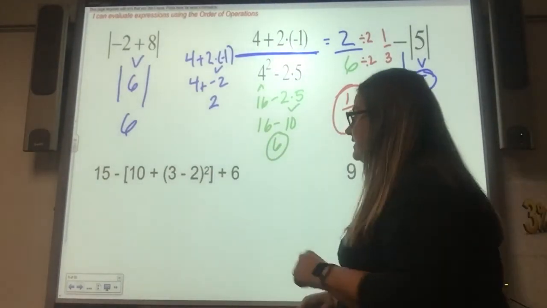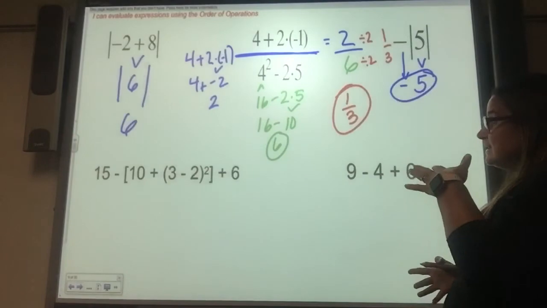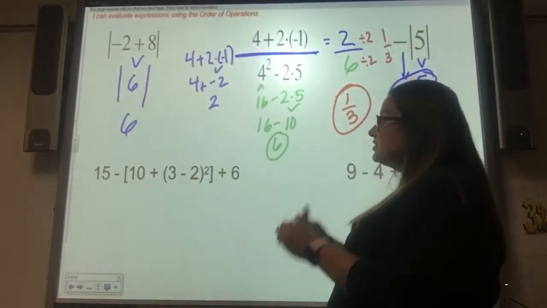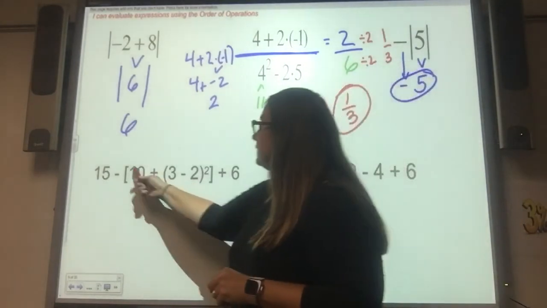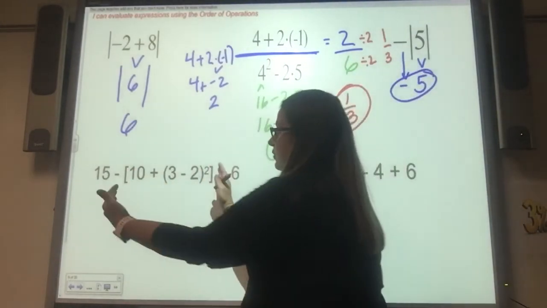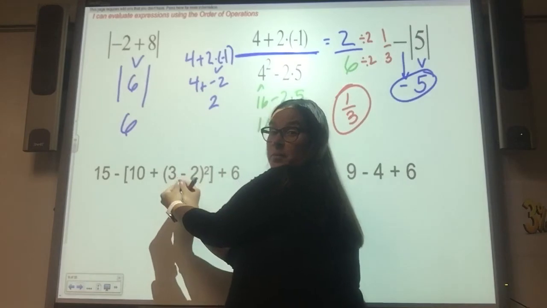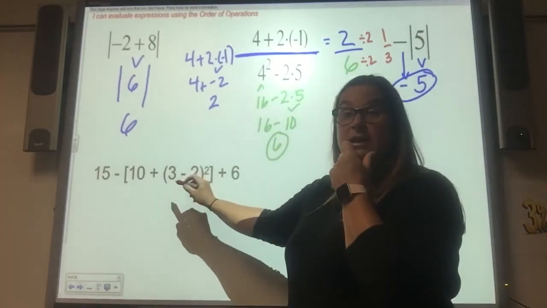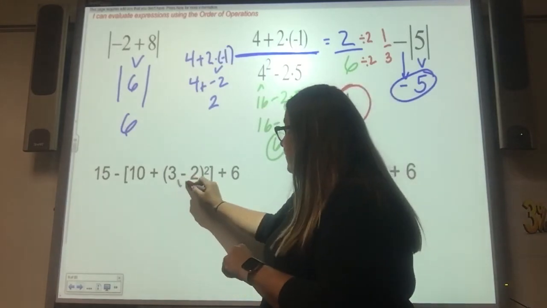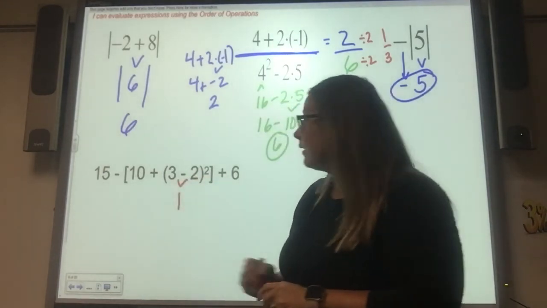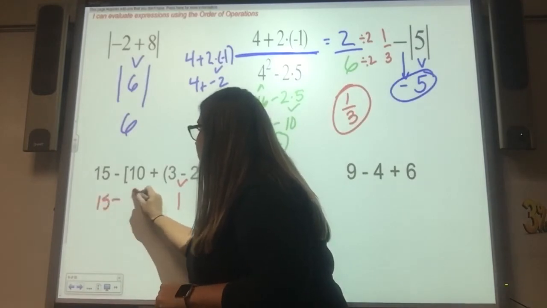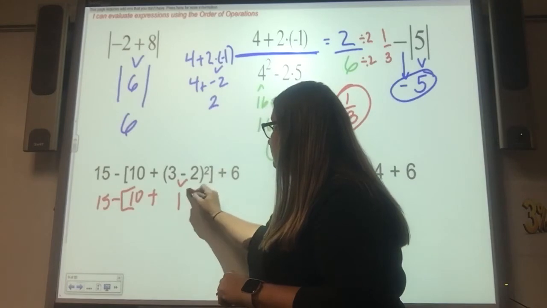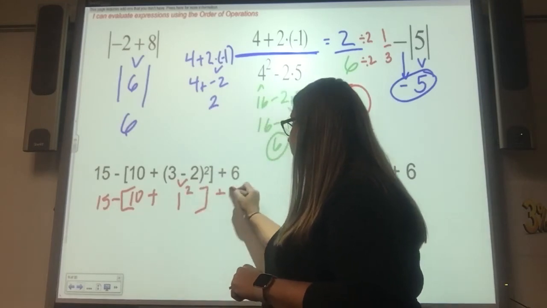Over here, we see some brackets, exponents, parentheses. We've got it all on this one. So I'm going to start with the brackets, and I'm going to go to the most inside part of those brackets. So right now, I'm going to do the 3 and the 2 first. So 3 minus 2 is 1. So 15 minus bracket 10 plus 1 squared bracket plus 6.